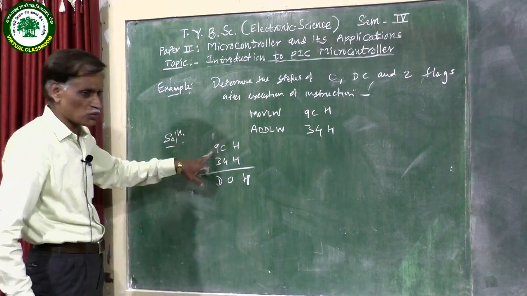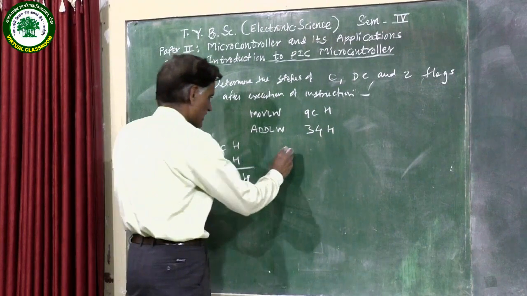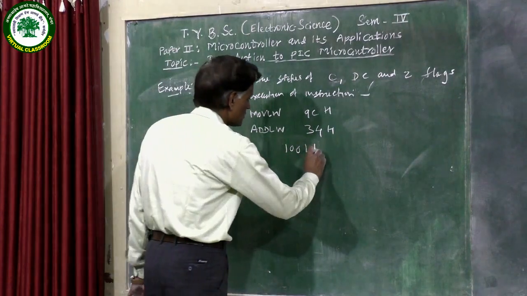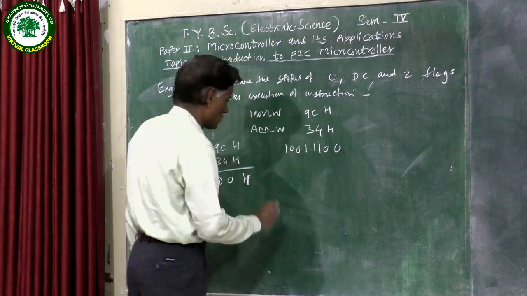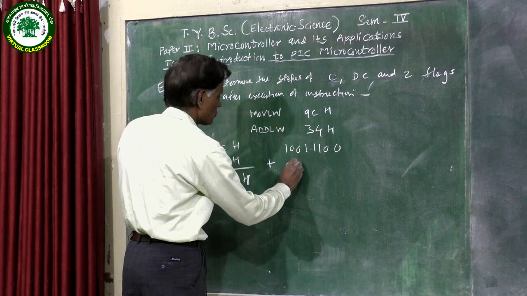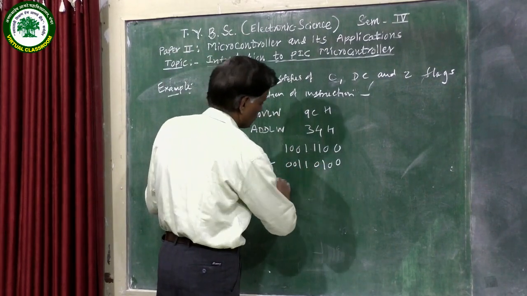Now if you do the same things in binary, because this is simple to understand, 9 is equivalent to 1001, C is equivalent to 1100, plus 3 is equivalent to 0011 and 4 is equivalent to 0100.